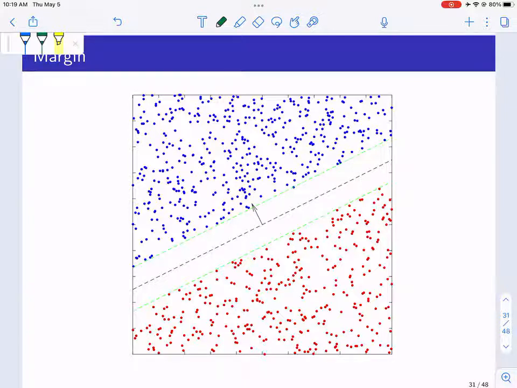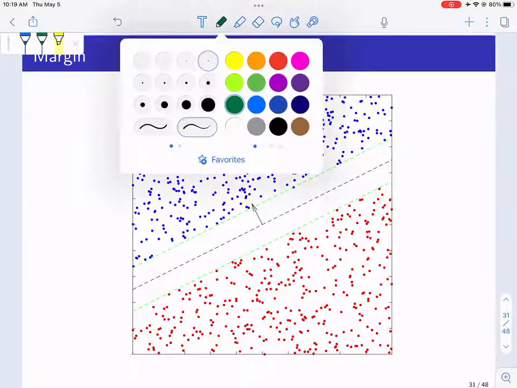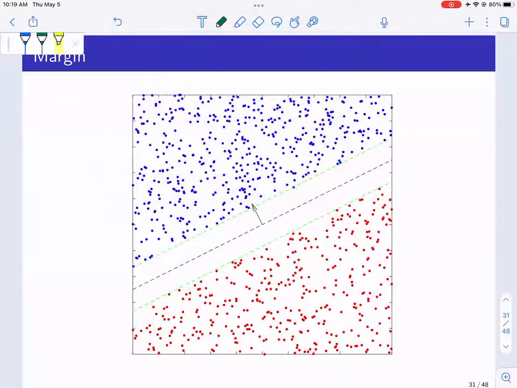So in this case, assuming that this doesn't go on to infinity, this is another hyperplane that works. It need not be unique.